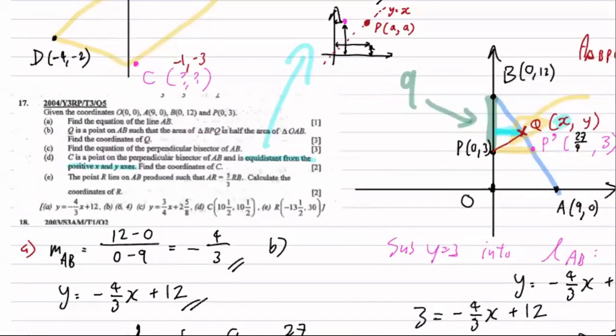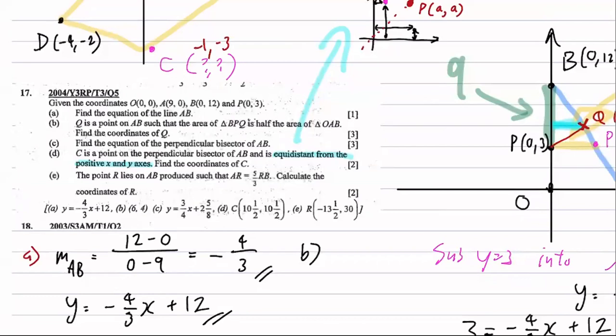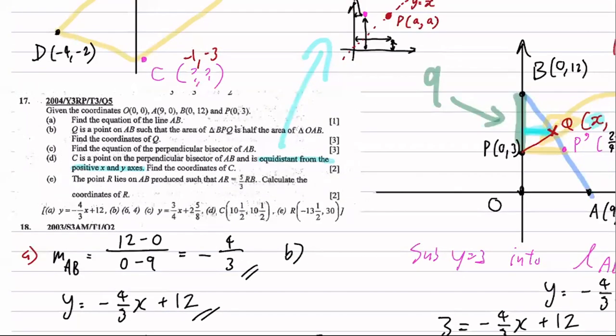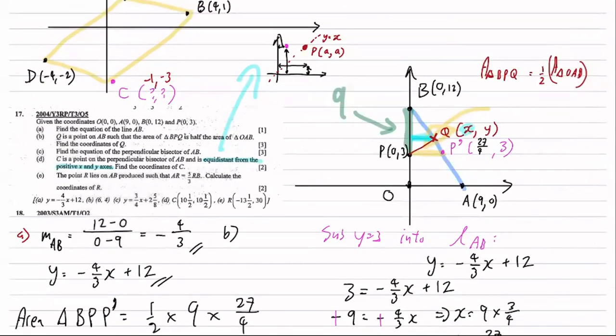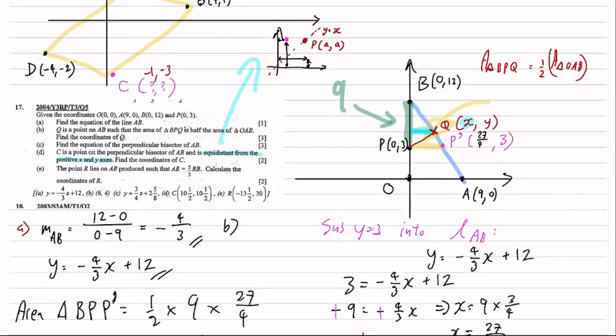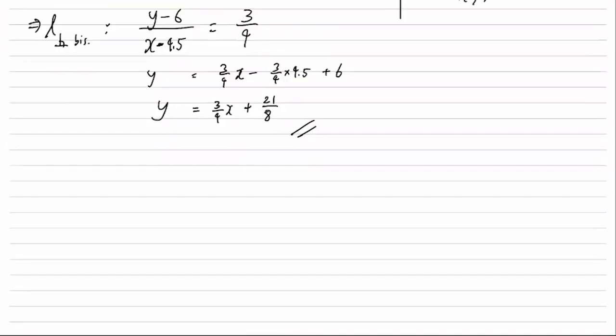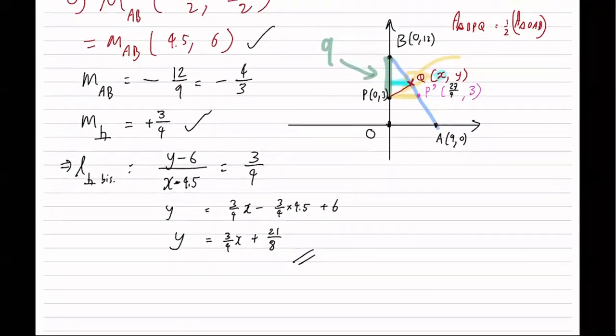Don't know what happened. Okay, C is a point on the perpendicular bisector of AB, equidistant from the positive x and y axis. Find the coordinates of C. So what this means is that it must lie along y equal to x. So for this y equal to x line, it must appear over here.